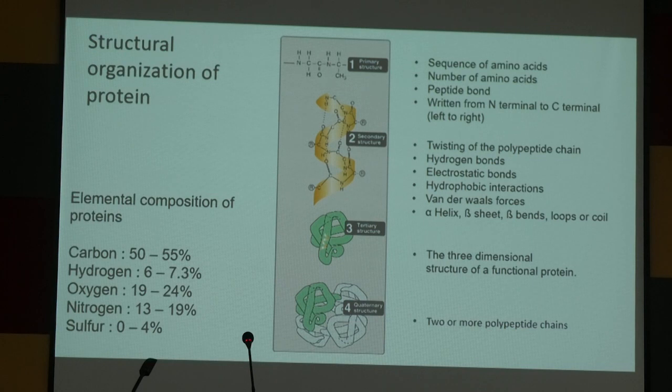If there is any change in the sequence or the number of amino acids in a polypeptide chain, the characteristics of the protein can change, and that can lead to different diseases.